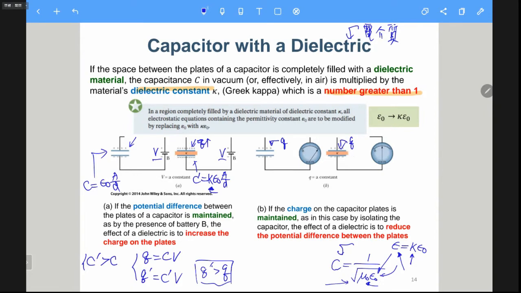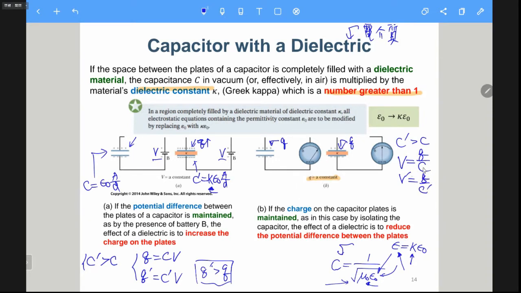So here we have Q constant. Similarly, C prime is larger than C. V equals Q over C, and V prime equals Q over C prime, because Q is the same.